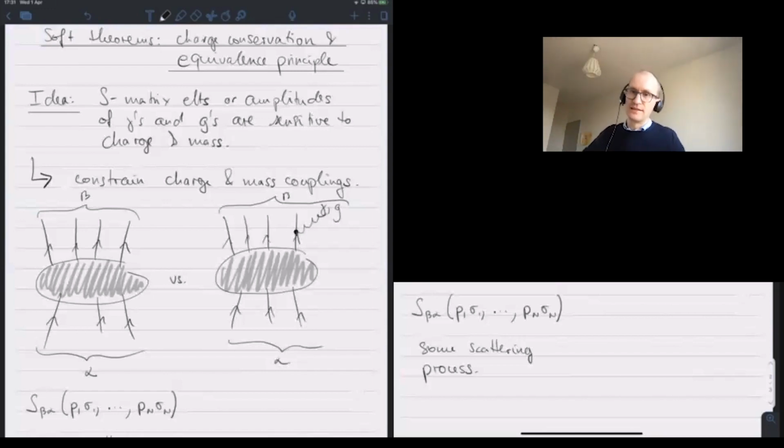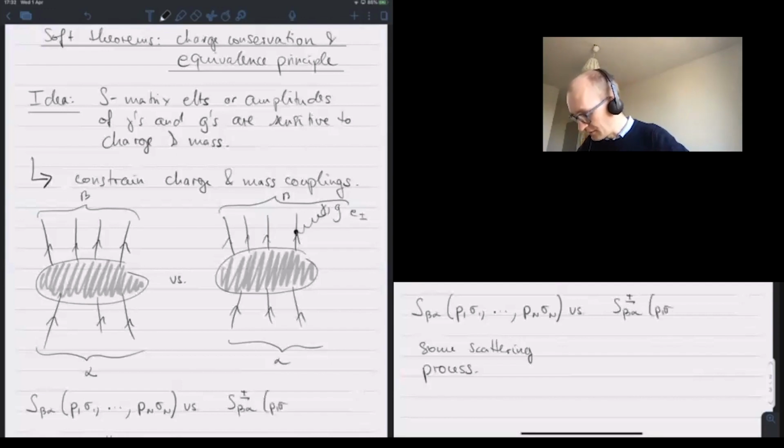For notational reasons, let me denote this process by the S-matrix element S_{beta alpha} plus or minus, where the plus or minus refers to the polarization state of this final particle, which depends on the same set of momenta and spin labels.